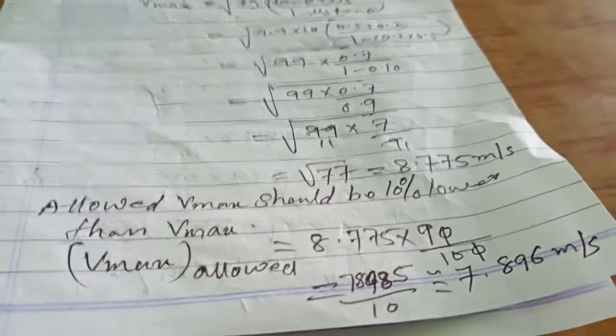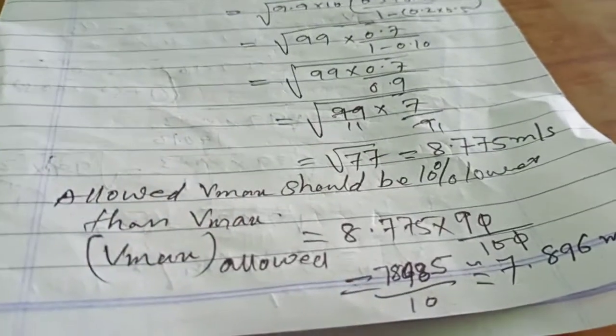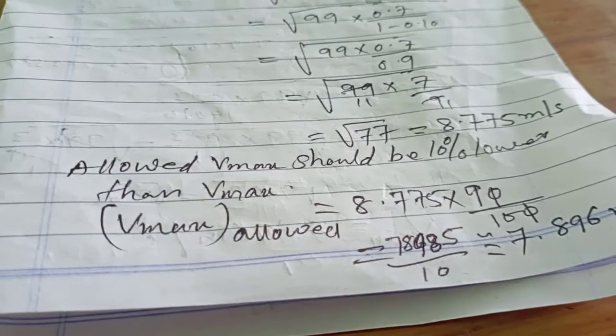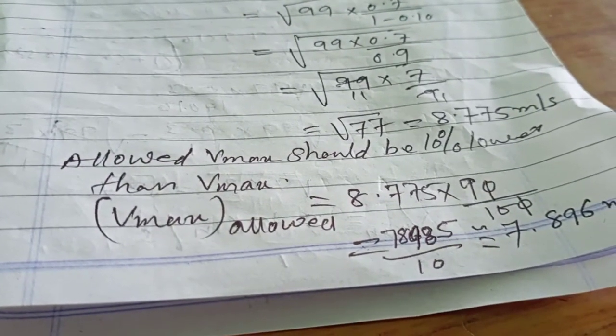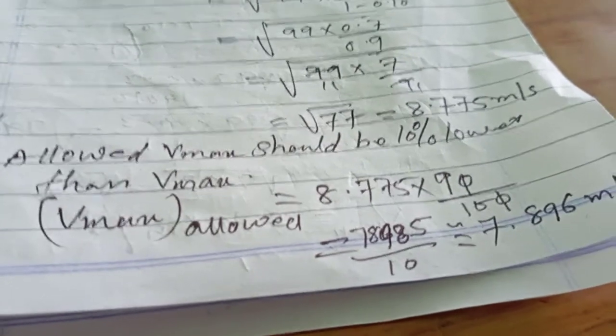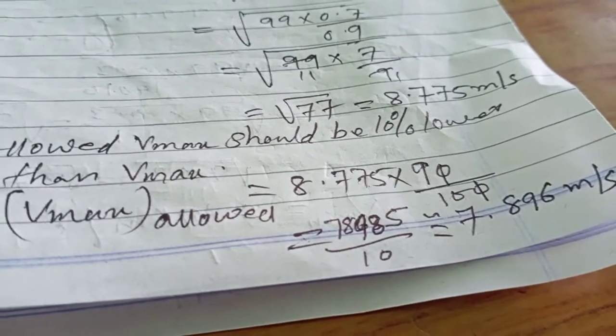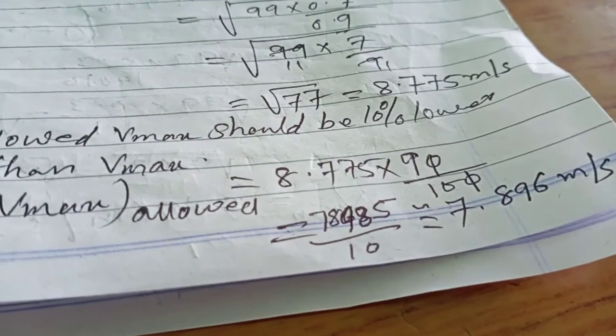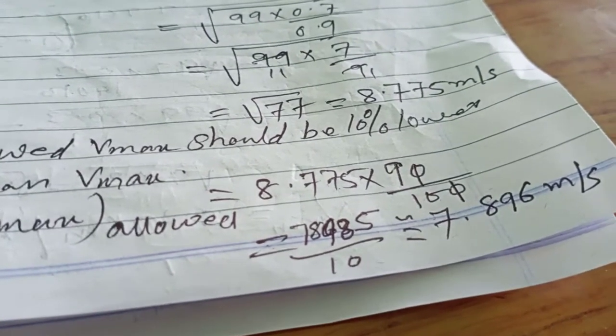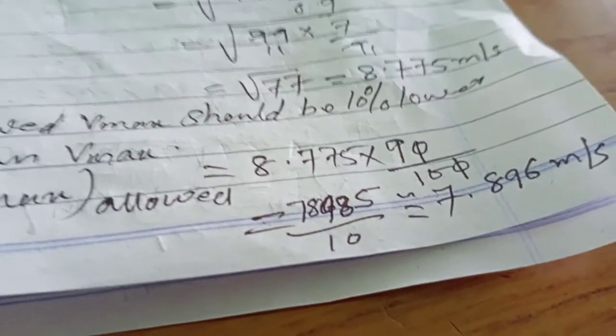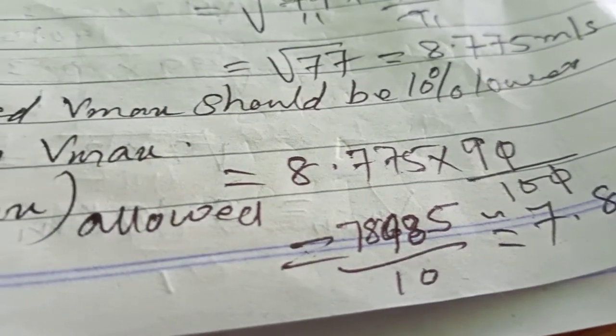The result is 8.775 meter per second. Allowing for the lower 10%, that means 100 minus 10, which is 90, so 90 upon 100 multiplied by 8.775. 9 multiplied by 8.775 gives 7.896, or 7.895 rounded up, approximately 7.896 meter per second.